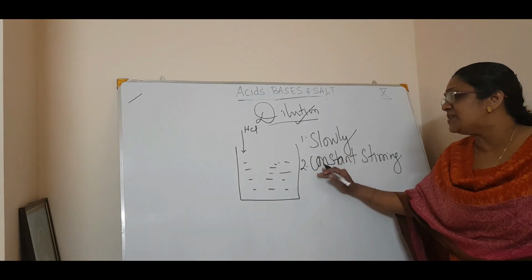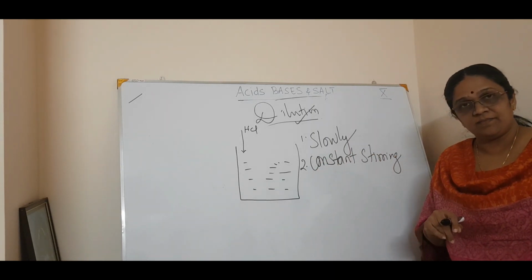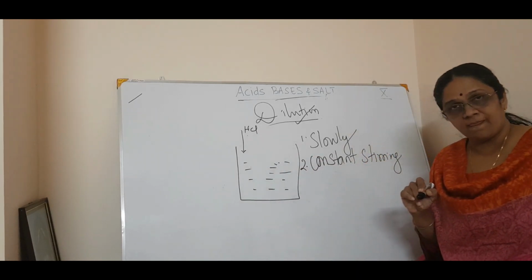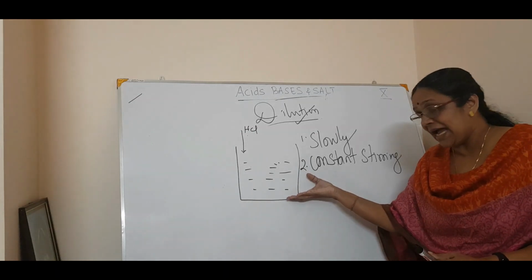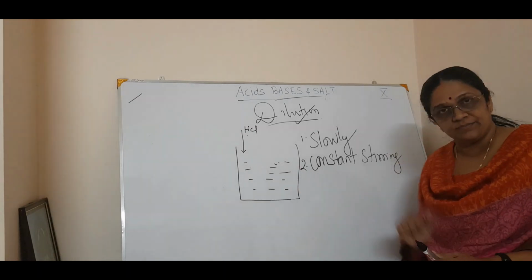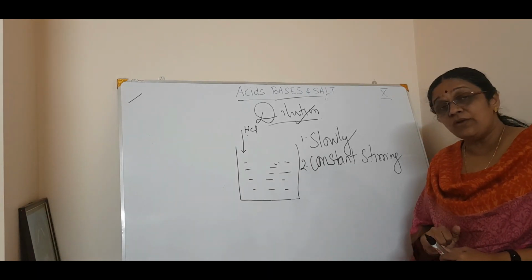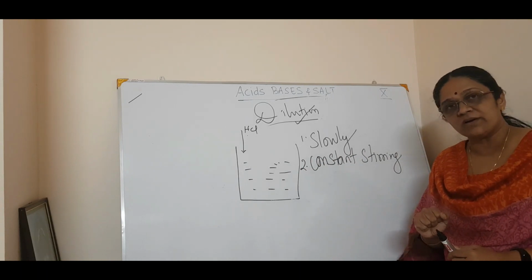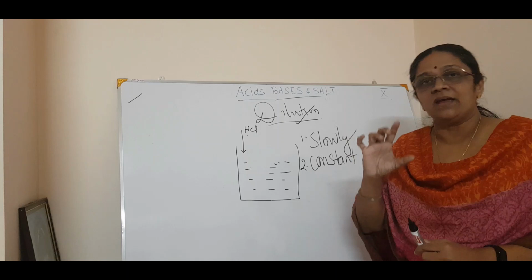Now what is the use of this constant stirring? Why do you want to stir it? If you pour this into this and touch the beaker, you will feel hotness or warmth, which means this reaction is an exothermic reaction.